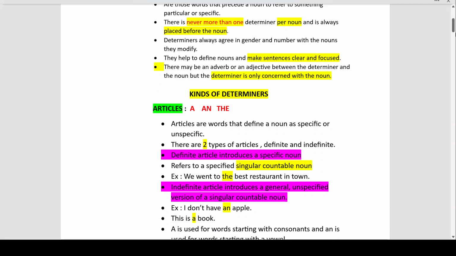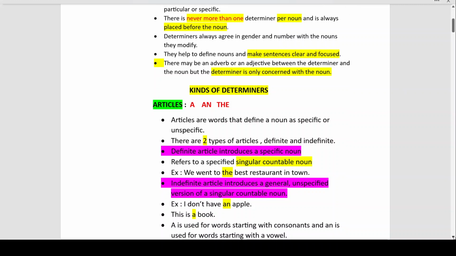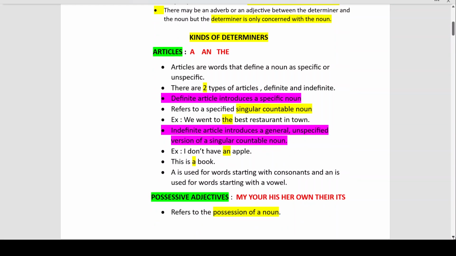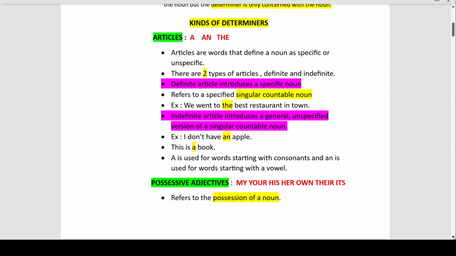Now, a is used for words starting with consonants. What are consonants? All the alphabets except A, E, I, O, U, which are your vowels, are consonants. So all those words which start with consonants, before them we place the indefinite article a, and we use an for those words which start with a vowel.